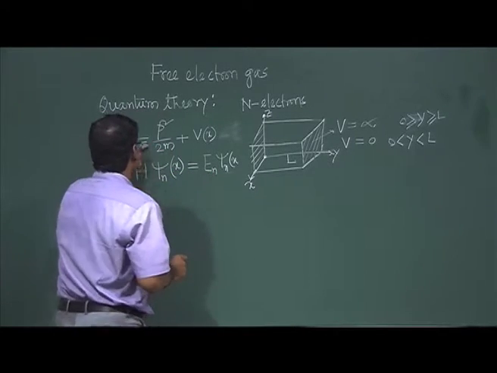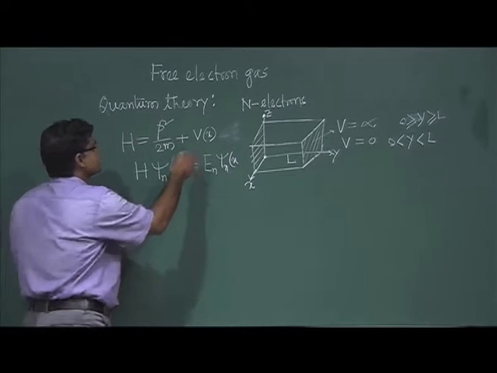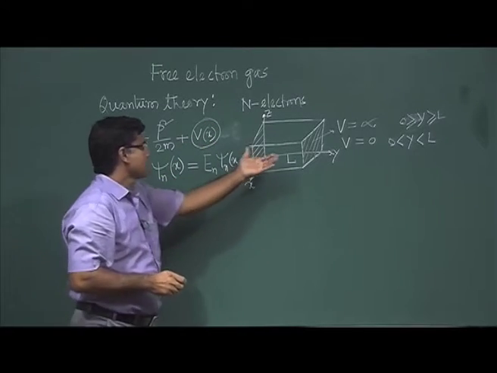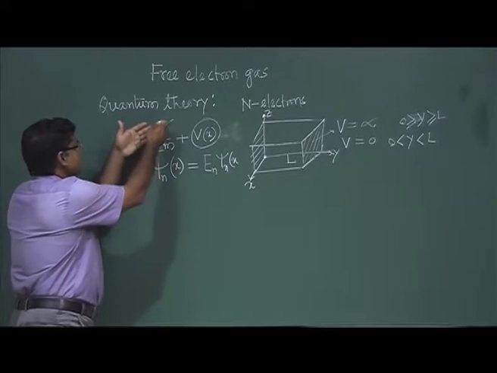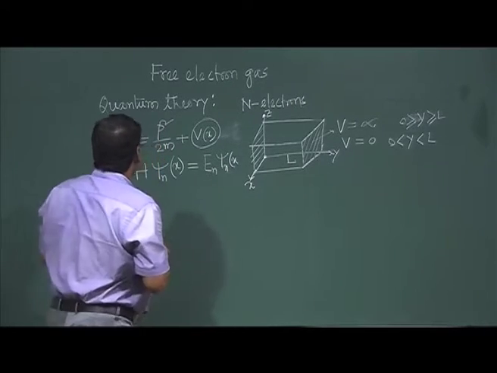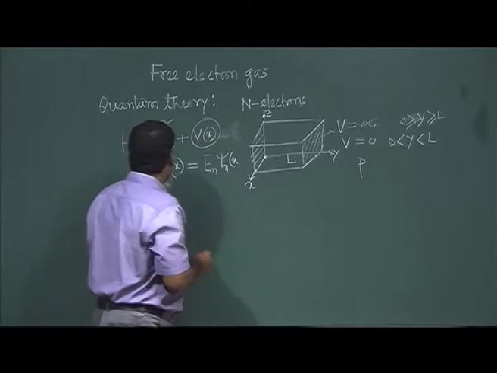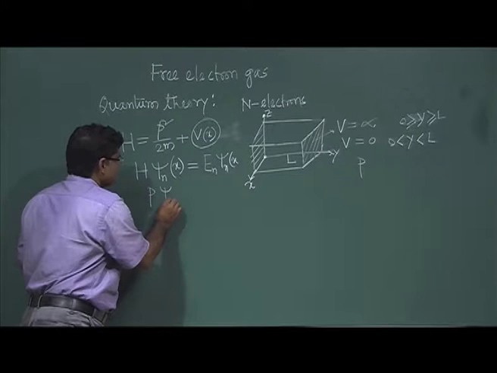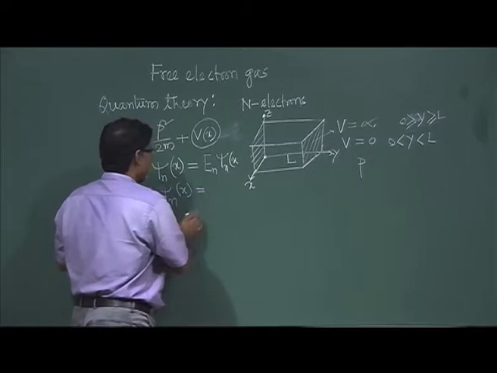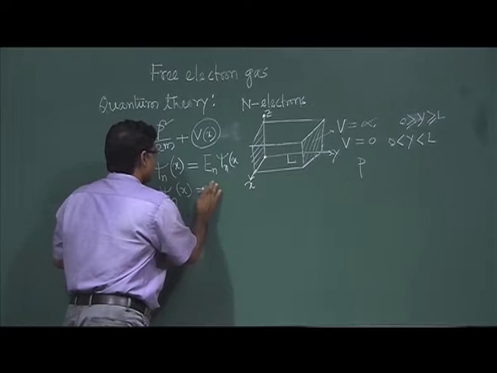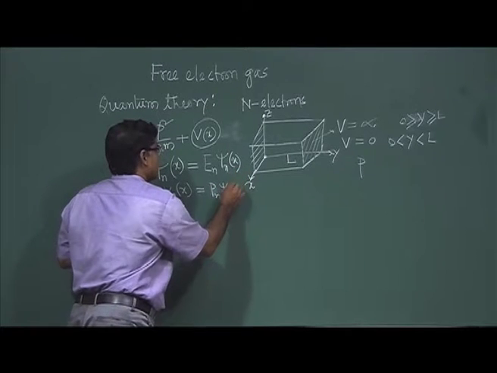Now, for our case, inside the box Vx is 0, so H is just P square by 2m. Now, if we apply the momentum operator on this wave function, you will get the momentum P n psi n x.